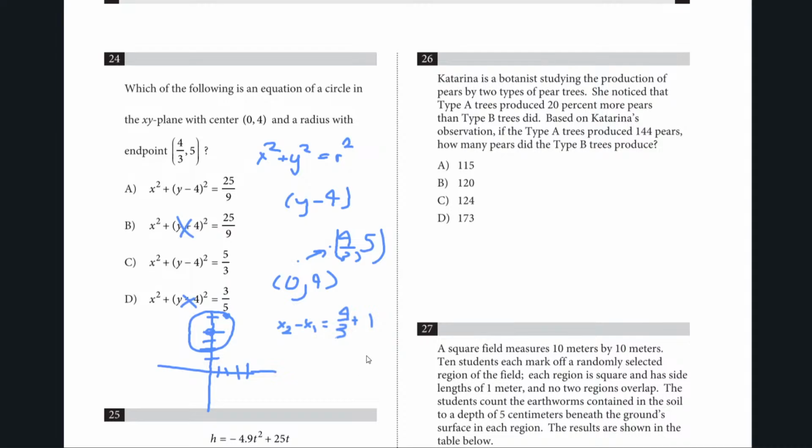I am definitely doing something wrong here. What am I getting wrong with the radius? 4 over 3 plus 1, which is... It would make me think 7 over 3. That doesn't look right here. What am I missing?